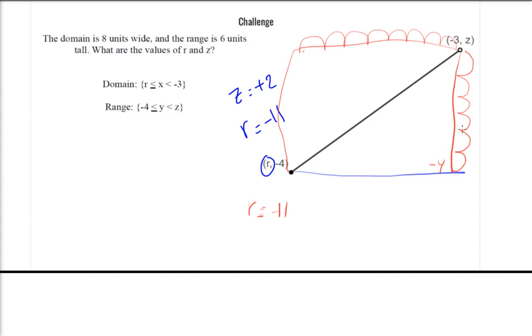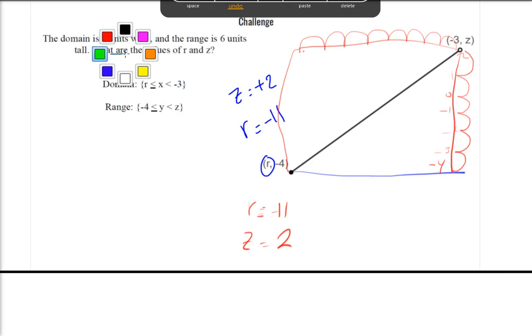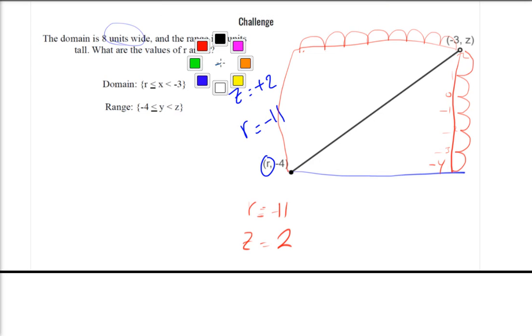On the y-axis we go up -4, -3, -2, -1, 0, 1, and 2. So z on that one is going to be equal to +2. This is what gave it away: the domain is 8, and the range is 6 units.